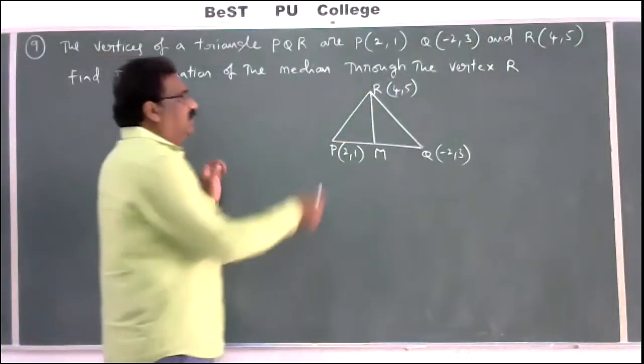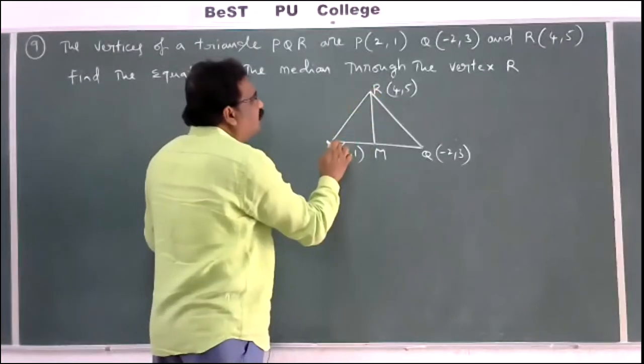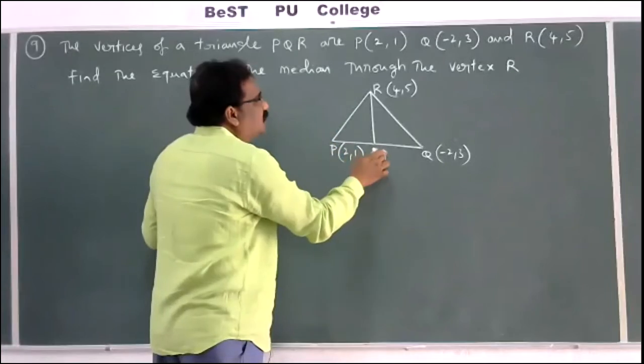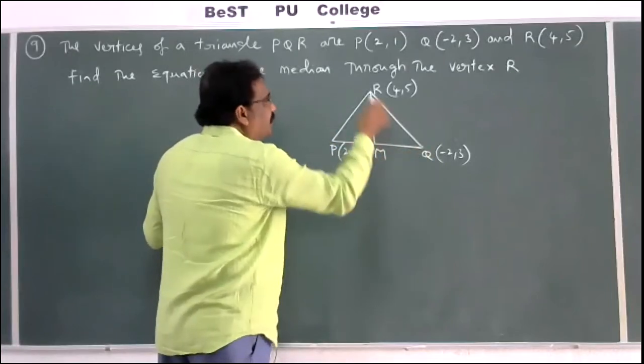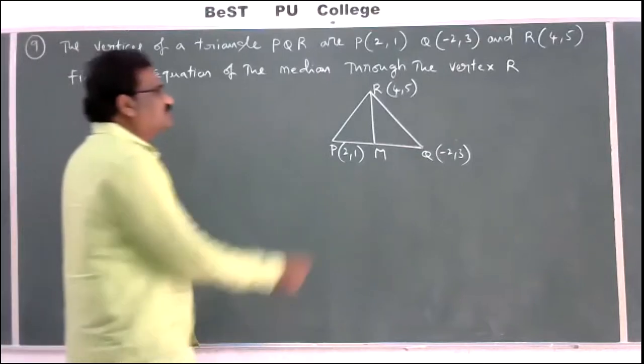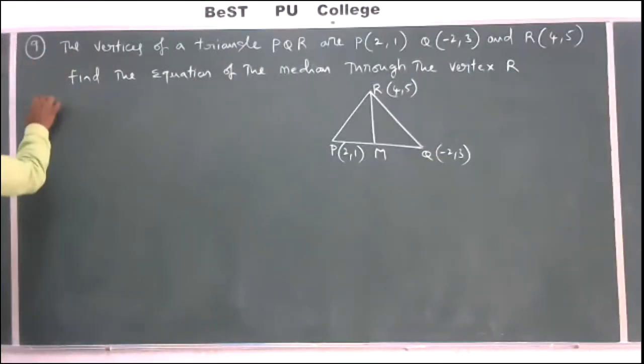That's why here the median from the vertex R means from R to the opposite side PQ. Opposite side is PQ, so M is the midpoint of PQ. That is, RM is the median of the triangle. So first we want to find out the midpoint of PQ. Right, here, solution.